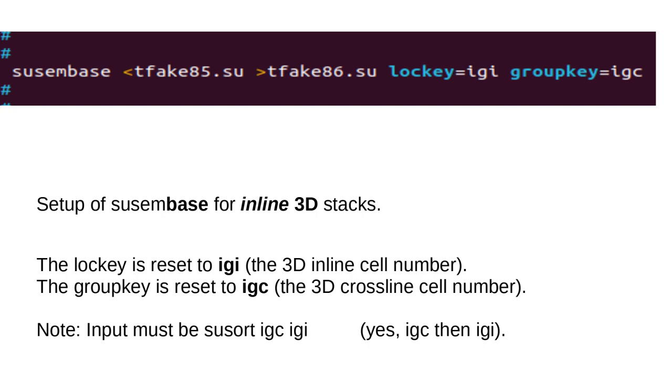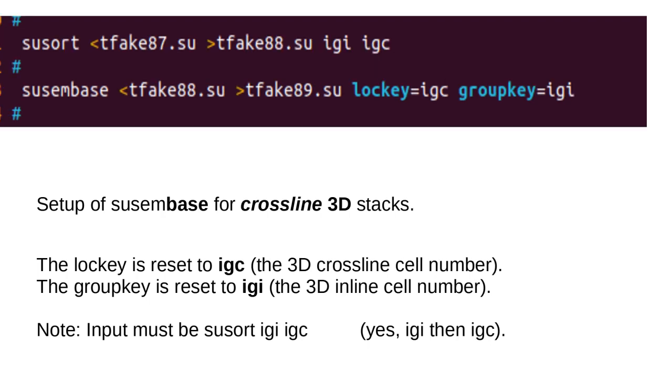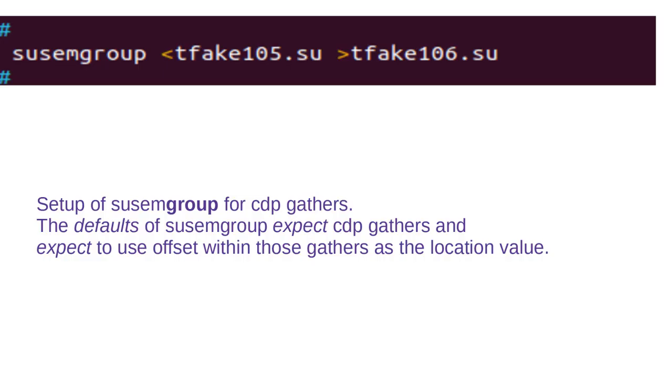Setup of SU Sembase for inline 3D stacks showing the use of IGI and IGC 3D index keys. Setup of SU Sembase for crossline 3D stacks showing sort and use of IGC and IGI 3D index keys.